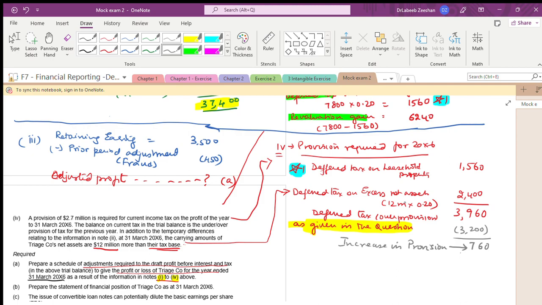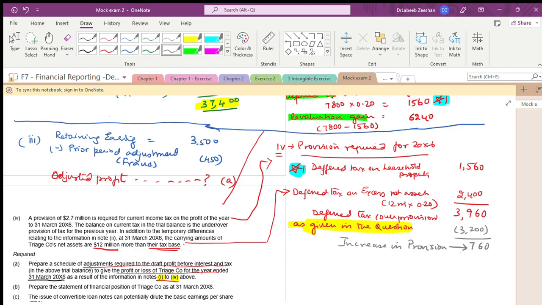Deferred tax on the lease has to be taken into consideration at the time of preparation of the profit and loss account, and during the calculation of leasehold payments. We have not done it in that much detail, but the rule says that the deferred tax on leasehold property has to be deducted.